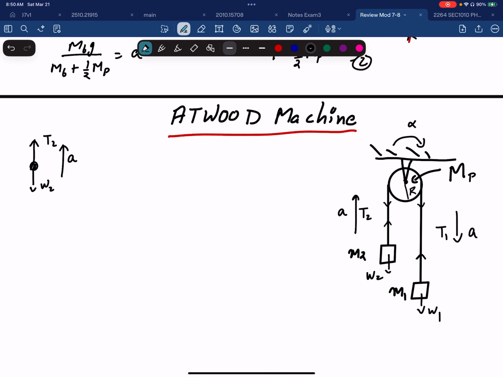That's why we need to be very careful about the direction. So in this Atwood machine, the first thing is, we assume that mass 1 is greater than mass 2. That's why the acceleration is like this. And then we draw out the free body diagram of each object.